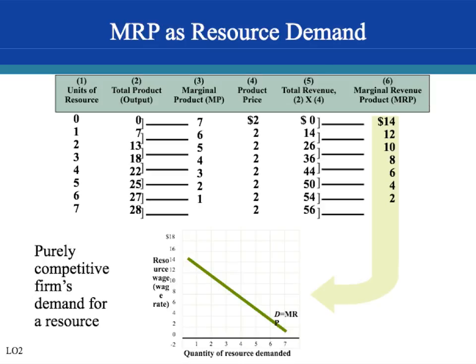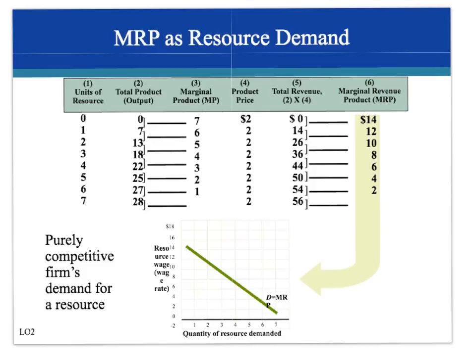We have resource wage on the vertical axis and quantity of labor demanded on the horizontal axis. For a purely competitive firm, notice that the product price stays the same because, remember, they are a price taker. The first unit of labor produces 7 units of output, so the marginal product is 7.